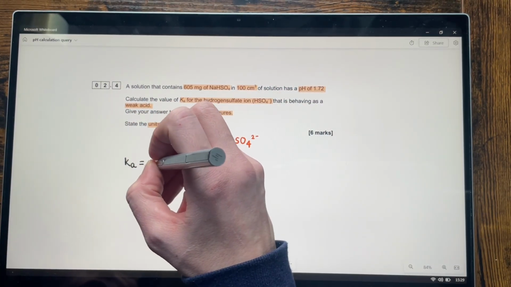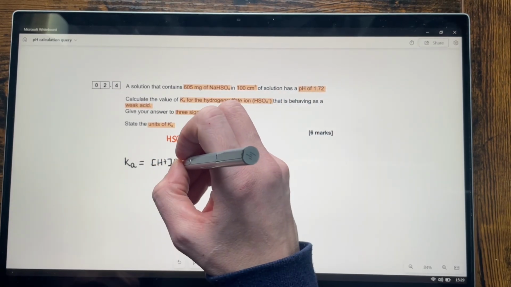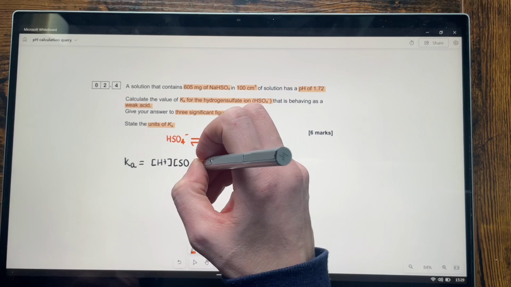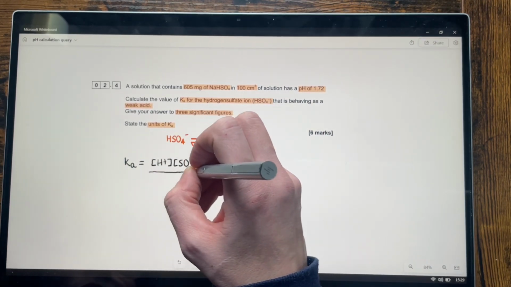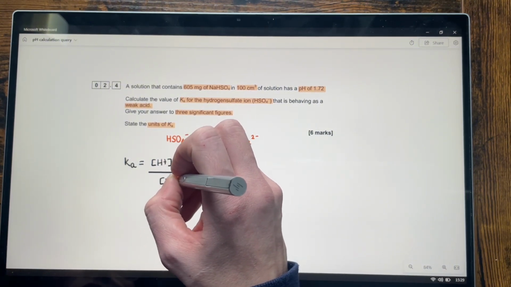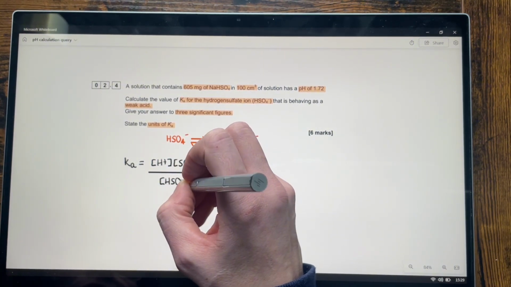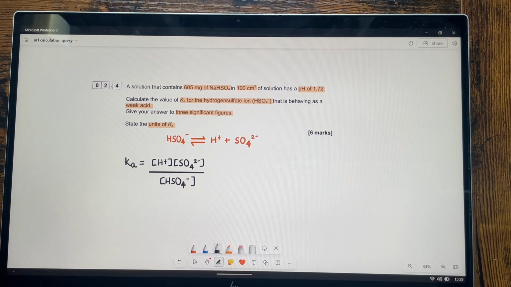So we've got the concentration of the 2 product ions on the top of my fraction, and then we've got the concentration of the hydrogen sulfate ion, a weak acid, that goes on the bottom. And I would always encourage you to write it like that first.